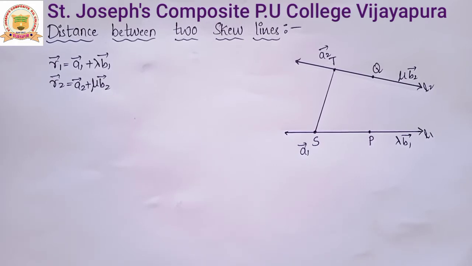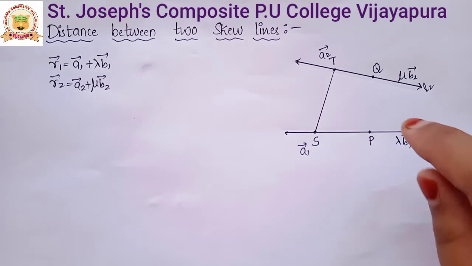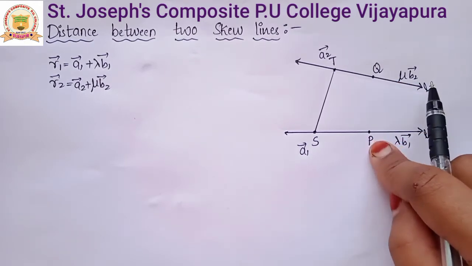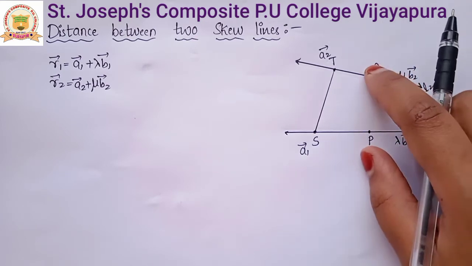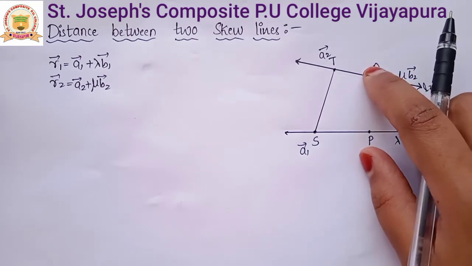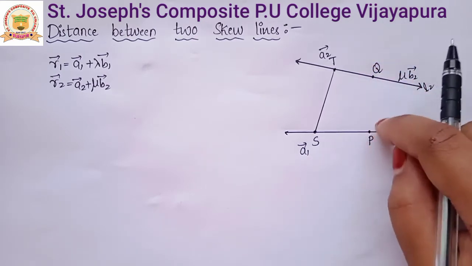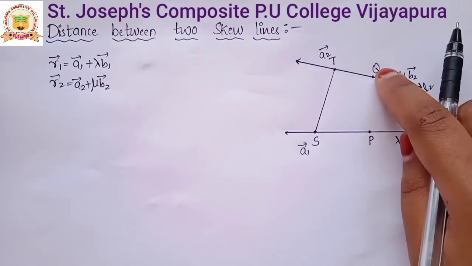Then the magnitude of the shortest distance vector will be equal to that of the projection of line ST along the direction of the line of shortest distance. If P is any point on the line L1 and Q is any point on the line L2, then this PQ vector is the shortest distance vector between the lines L1 and L2.